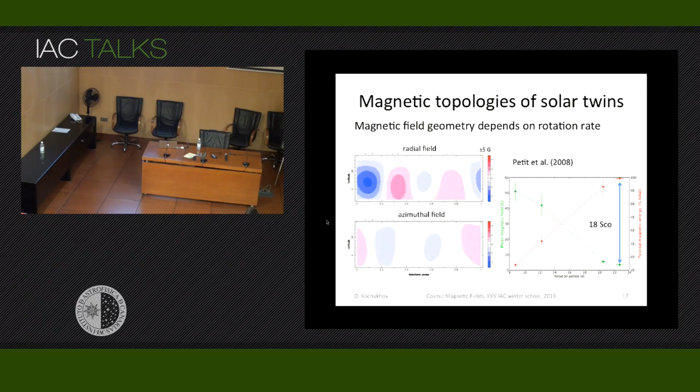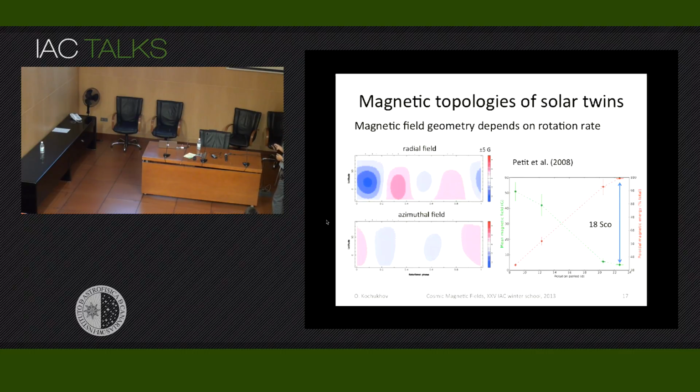And what they have discovered is that there is a very strong, very obvious relation between energy in the poloidal field and toroidal field versus rotation rate. For the stars which have long rotation periods similar to the Sun, poloidal field dominates. So the energy in the poloidal field is this red line.